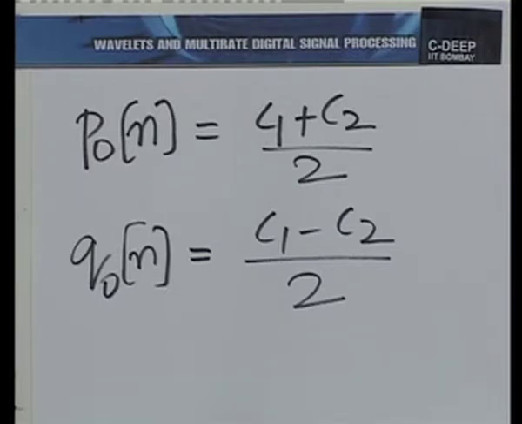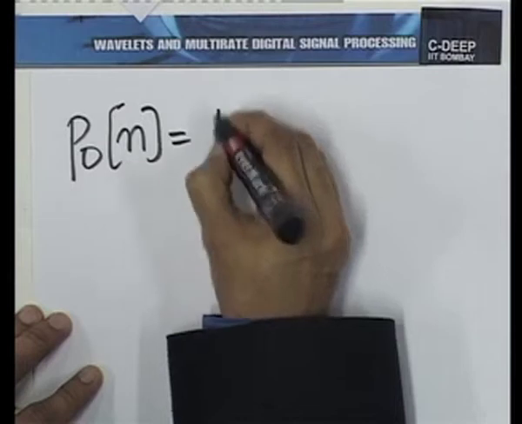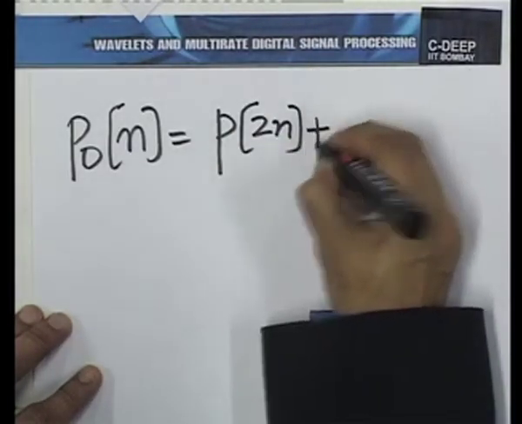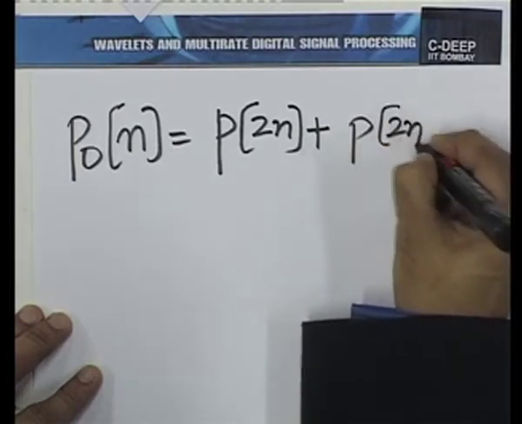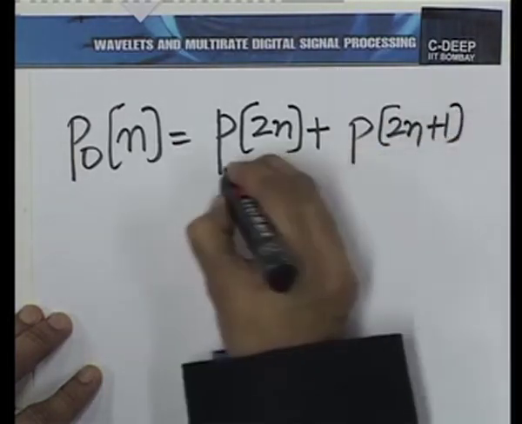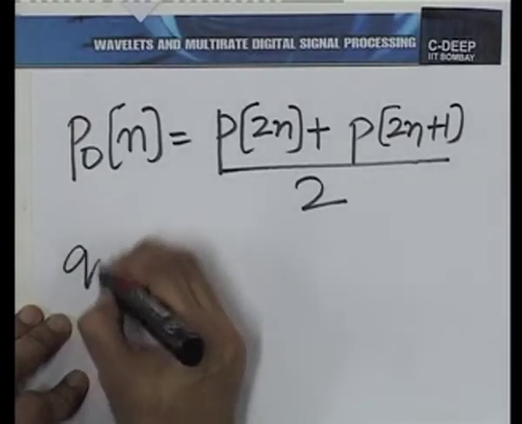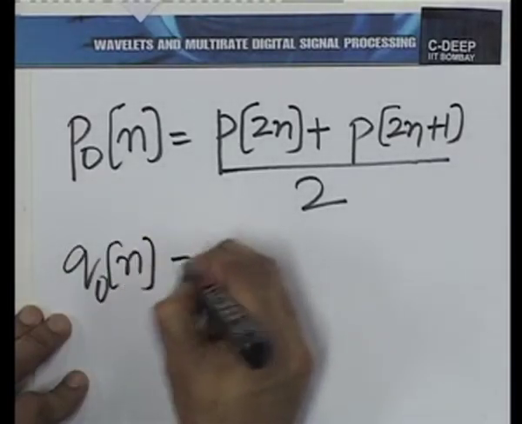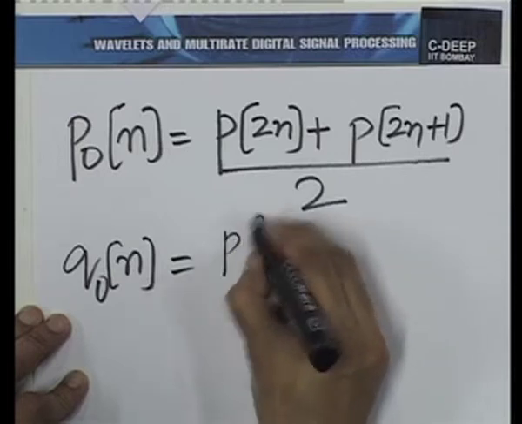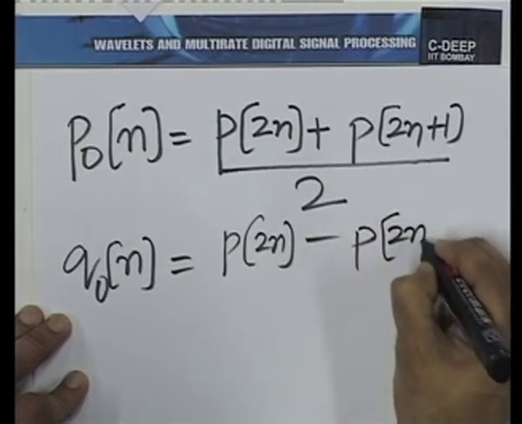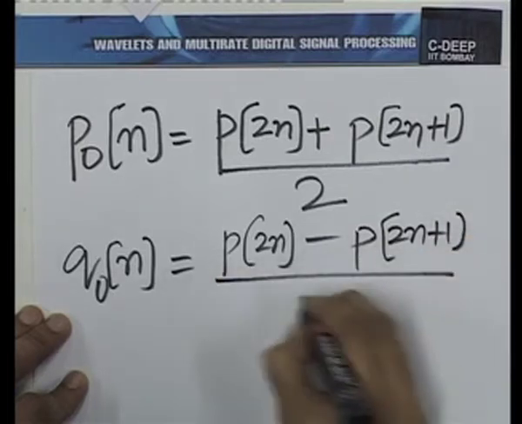Now, let us combine these equations. So, we have P0n is P2n plus P2n plus 1 by 2, and Q0n is P2n minus P2n plus 1 by 2.